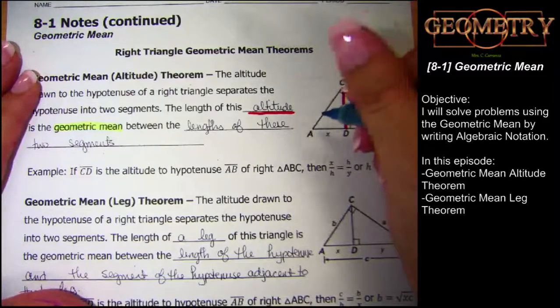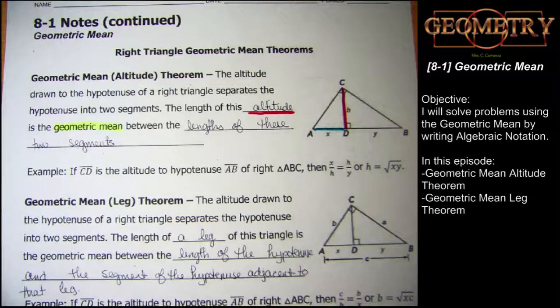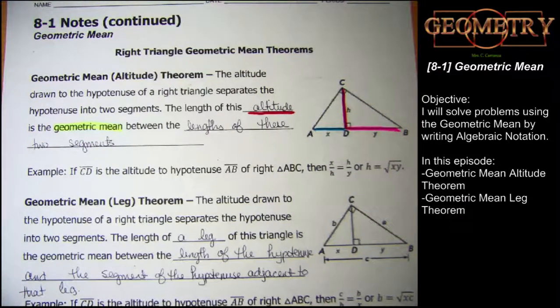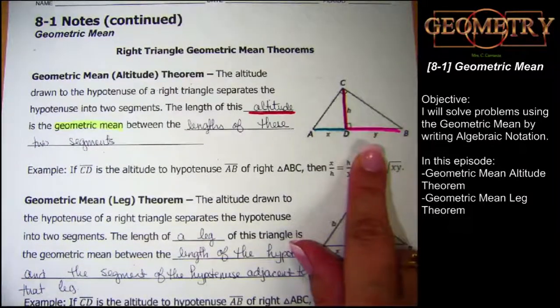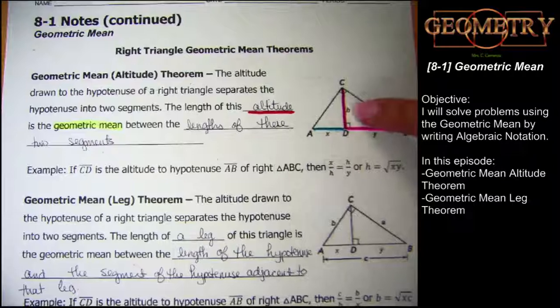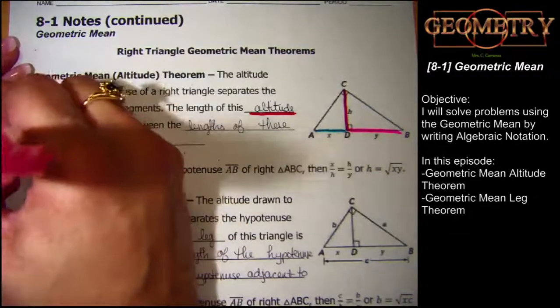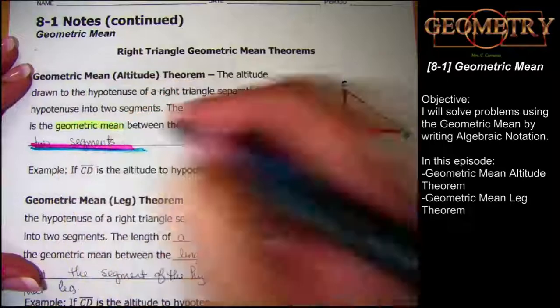And the things are the 2 segments that get created on the hypotenuse by the altitude. So those 2 things, that's what you're taking the geometric mean of, and that's the length of this altitude. The length of that altitude is the geometric mean between those 2 segments.